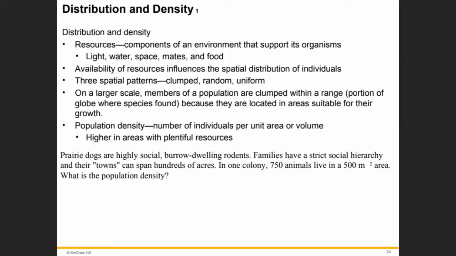So the density of a population, for example over here in this example, we have prairie dogs that live, 750 animals live in a 500 meter square area. What is the population density?